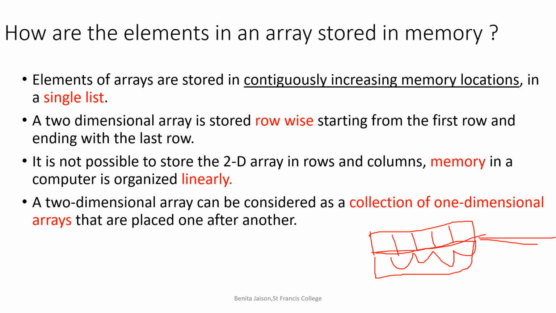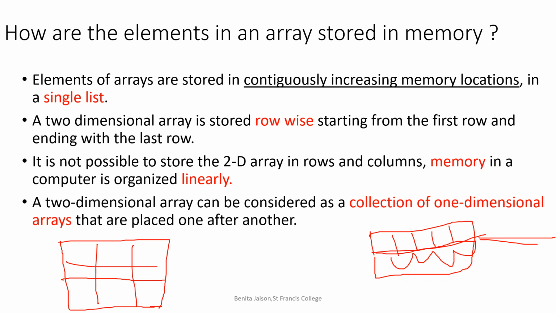If it is a three-row array, what we imagine to be placed in three rows is not actually placed in three rows in memory. Actually, the first row will be followed by the second row, and it is followed by the third row.